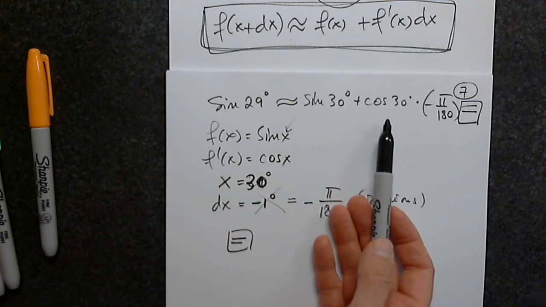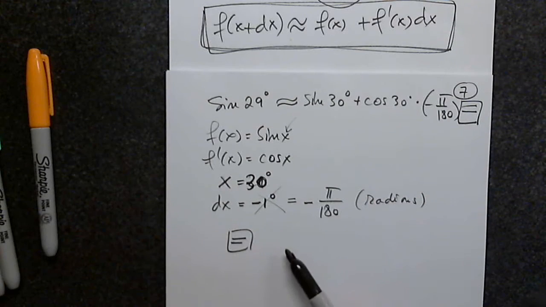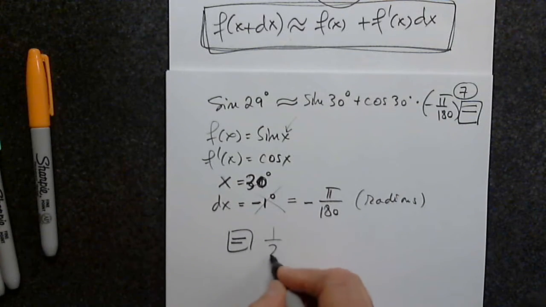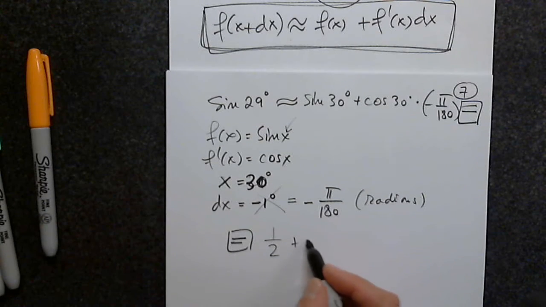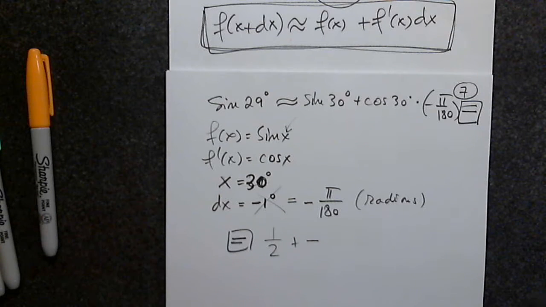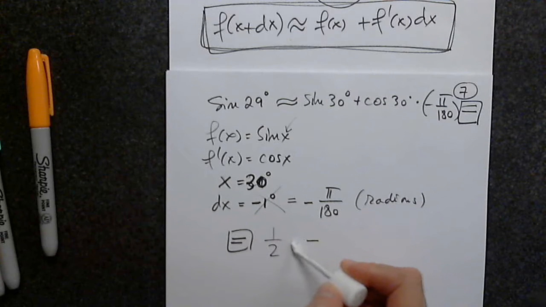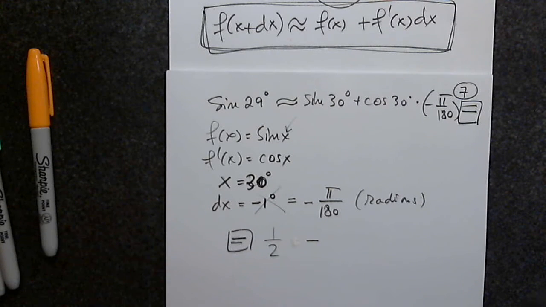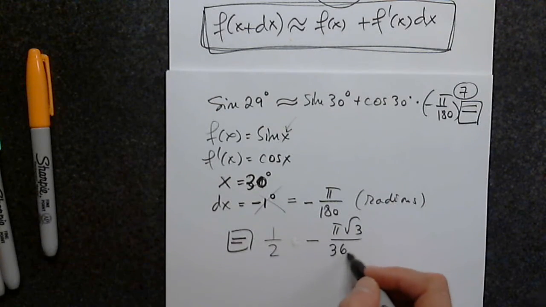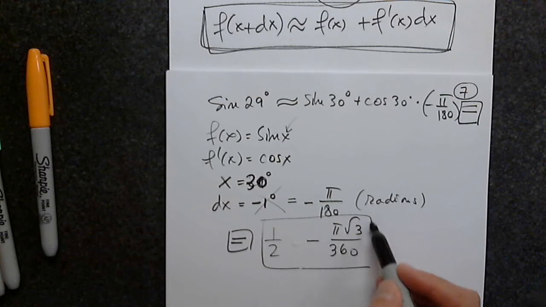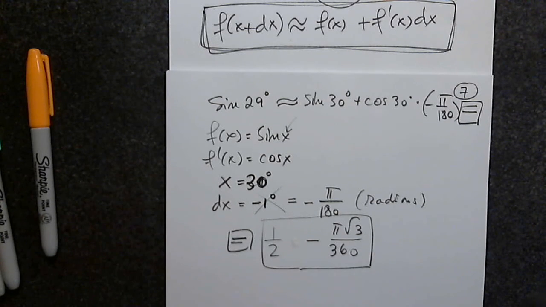This does not equal that, but this equals what's next. Sine 30 is 1/2. Cosine 30 is the square root of 3 over 2, and I should have put minus because there is a minus there. I should not have rushed to put plus. Sorry about that. So now minus pi, the square root of 3 over 2 times 180, which is 360. You do not have to do anything else. That's all we care about. Now you can say, wait a minute, show me.